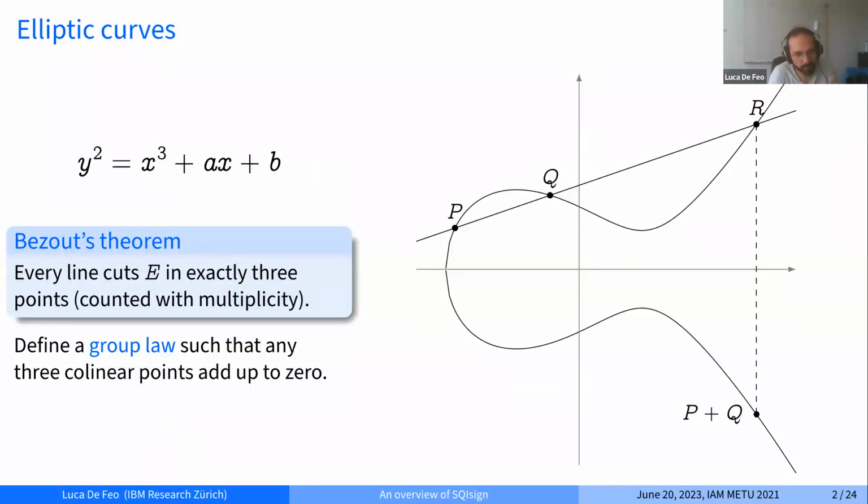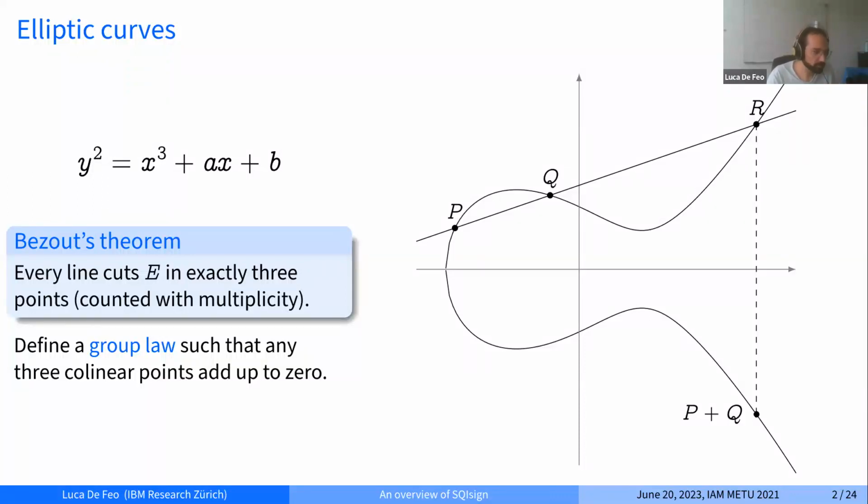Variety means that it's defined by algebraic equations. In this case, the algebraic equation is just a single one: y squared equals x cubed plus ax plus b. And abelian means that they have an abelian group law. In the case of an elliptic curve, this group law is very simple. By using the Bezout theorem, you can prove that any line intersects the elliptic curve in exactly 3 points, counted with multiplicities.